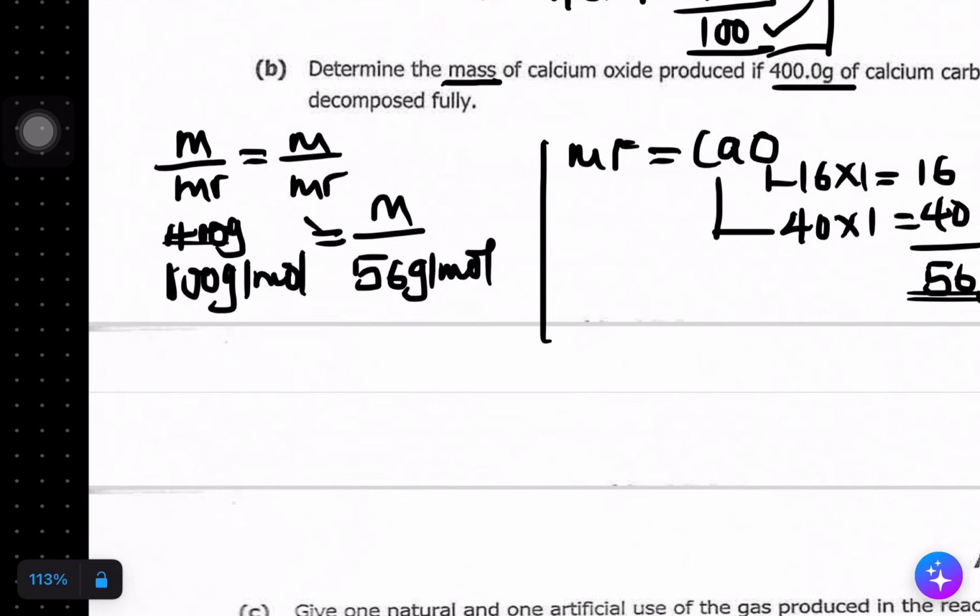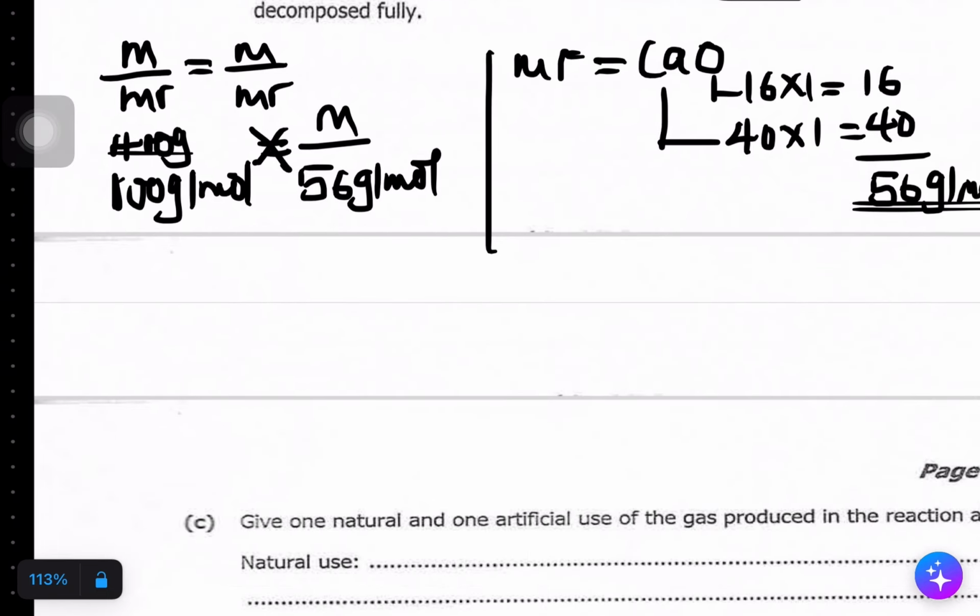Then we cross multiply. So 400 grams times 56 gives 22,400. Grams and grams go, and what remains is moles.